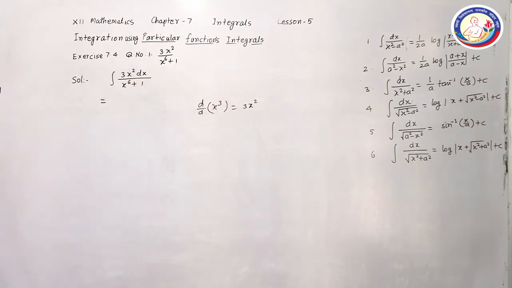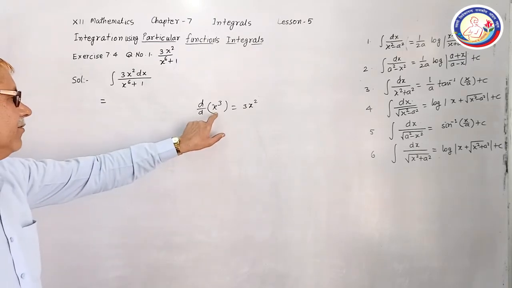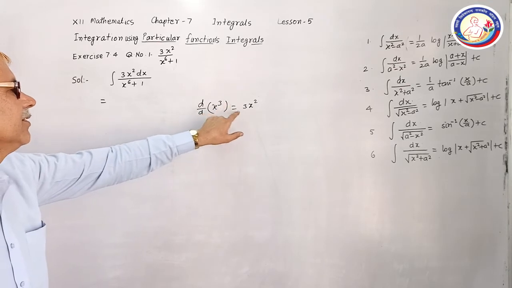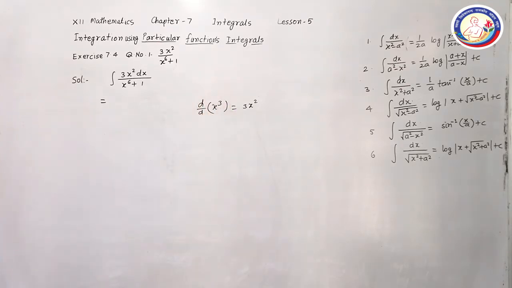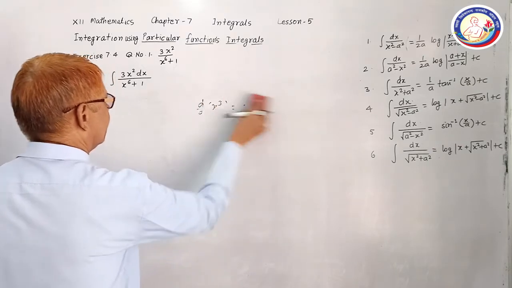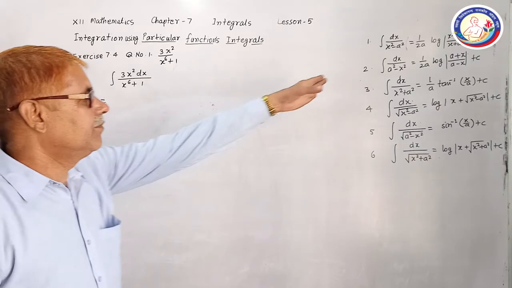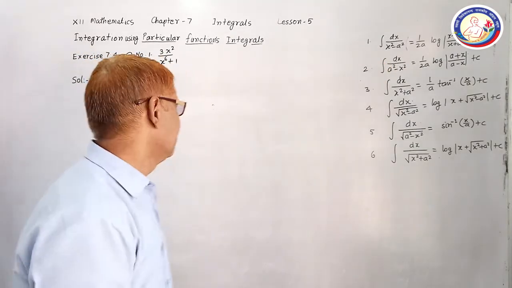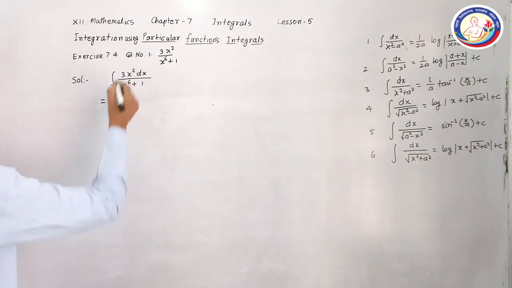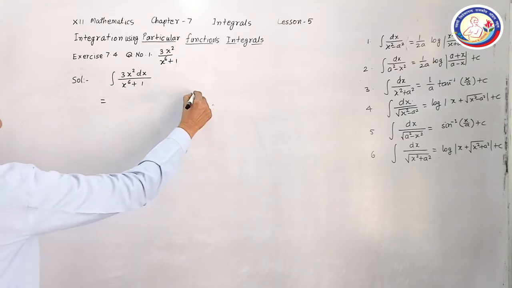So we can substitute t for x cube, or we can assume that x cube is equal to t. Then we can adjust this integrand into the particular integral form. So we start.